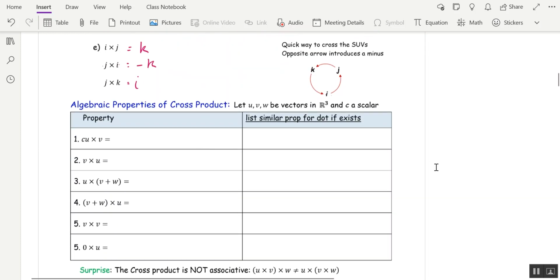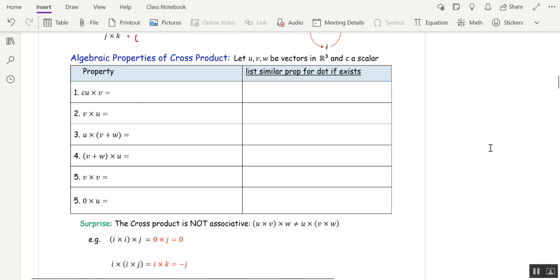All right, some properties, and we're gonna state the property, and then if there's a similar property for dot, we're gonna state that too, just so we can tie this into what we learned last time. A constant scalar times U cross V is the same as, you can pull that scalar out, or you can group the scalar with V. So the scalar can go completely out, or with the U, or with the V. Is there a similar property for dot?